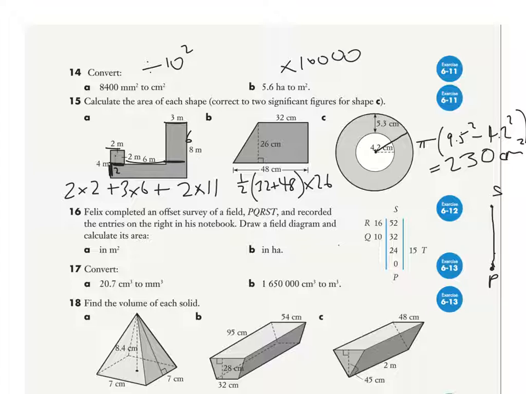Now, from P, we go 24, and then we go right 15 to T. Then from 24 to 30, which is 8, we go left 10 to Q. Then we go from 32 to 52, 20, and we go 16 across to R. Now we join those points together.